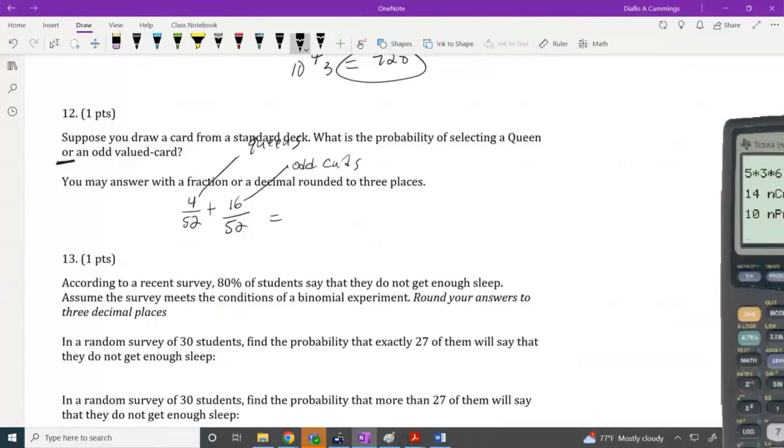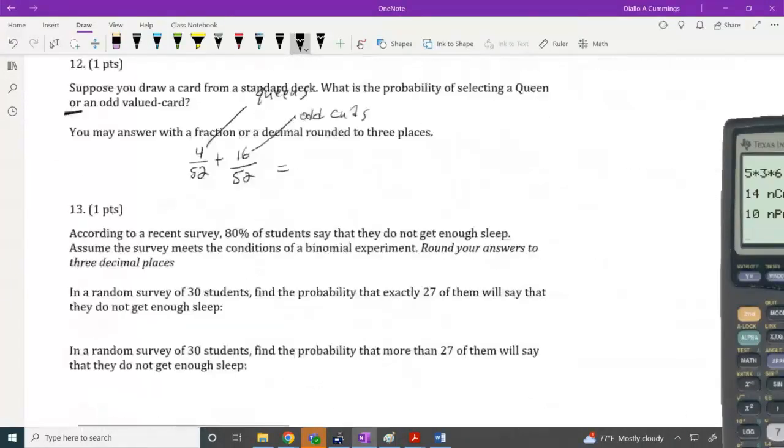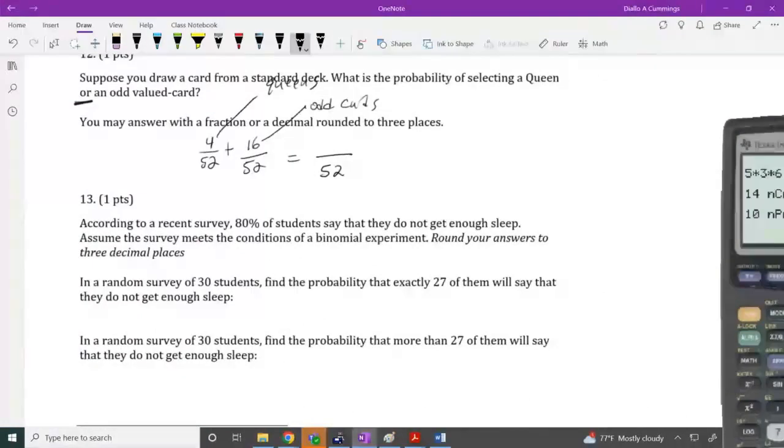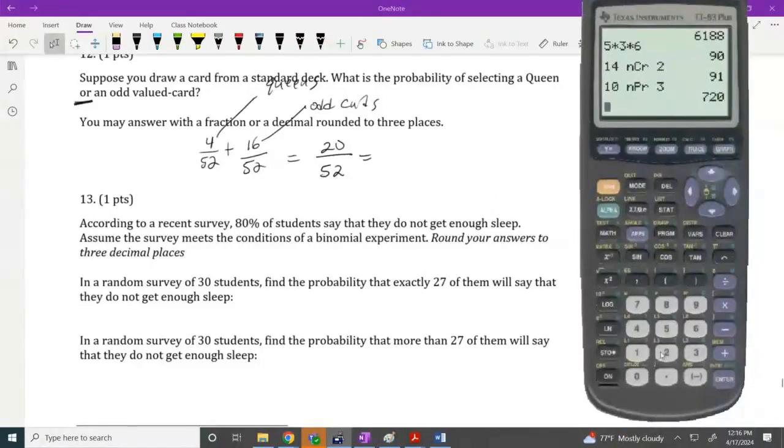When you add fractions, you keep your common denominator and combine your numerators, so 4 plus 16 is 20. And if we divide 20 by 52, we get 0.385.